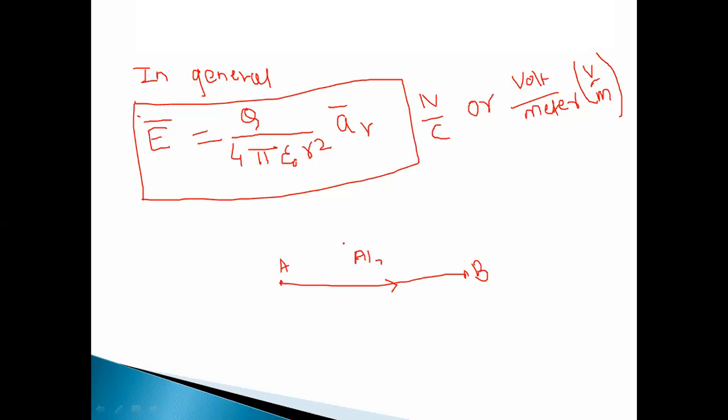The distance between these two points, A and B, suppose I'm writing this distance as R. This is a scalar quantity, right? This distance is from which point to which point? From point A to point B. Correct?